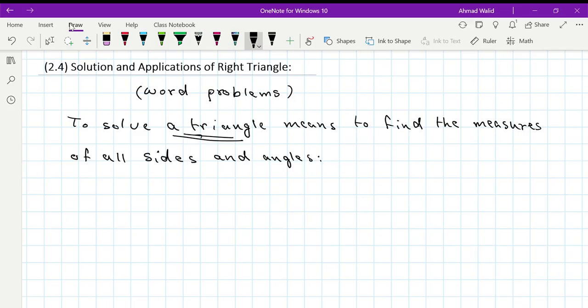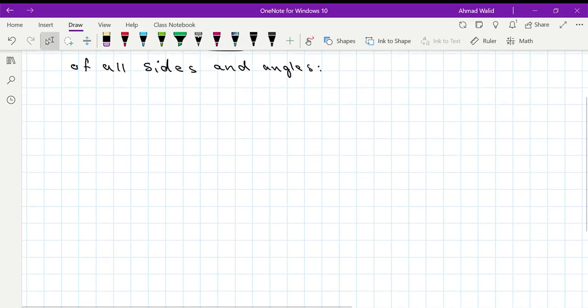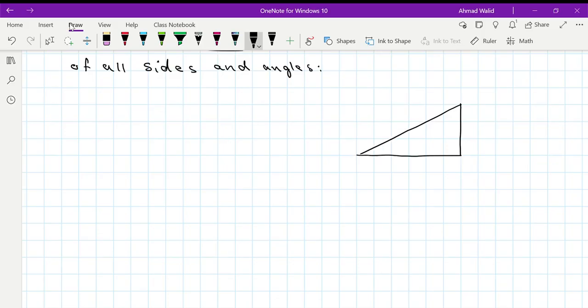To do so, follow this instruction. First, learn this. I covered this before inside the class and also in my lectures here. When we have a given right triangle, I'm trying my best to draw a good right triangle for you.